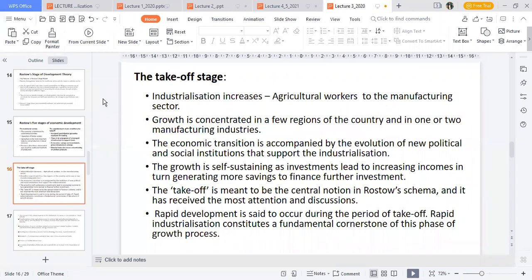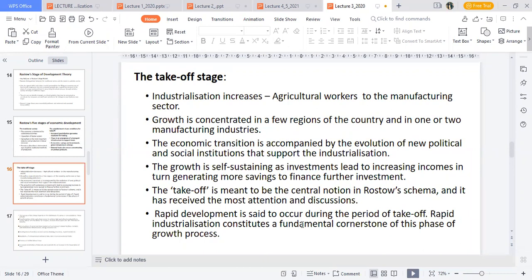Okay. Takeoff is meant to be the central notion in Rostow's schema, and it has received the most attention and discussion. It is said that it meets some conditions. Rapid development is said to occur during the period of takeoff. So the keyword here is rapid development, or rapid industrialization.